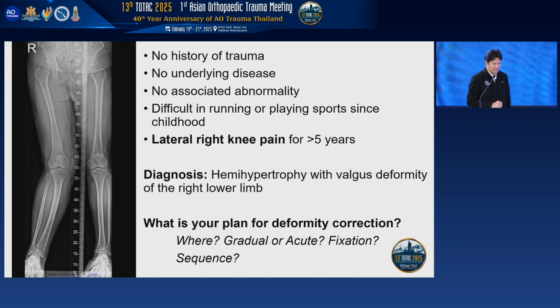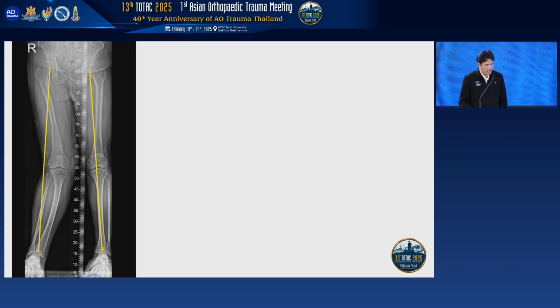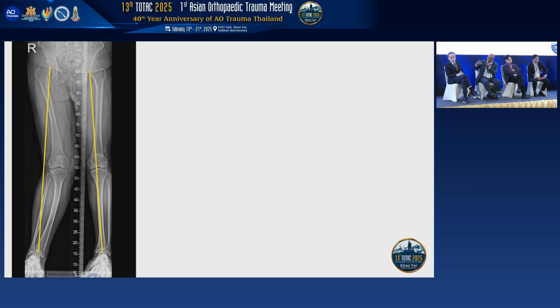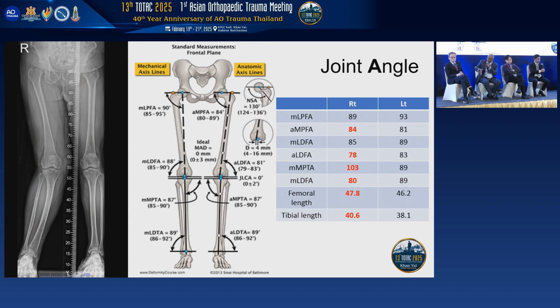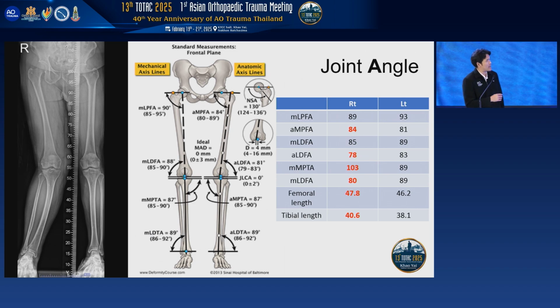Don't worry about that. So what is your evaluation of this deformity and what is your plan to correct it? This looks like a valgus deformity, which you would normally expect in the femur. But here the deformity seems more in the tibia than the femur. So you need to do all your lines and calculate where the deformity is. This is valgus, and these are the joint line angles that we try to measure.